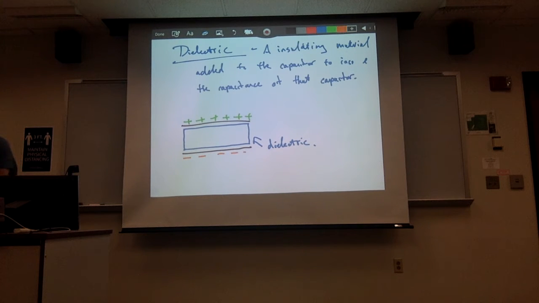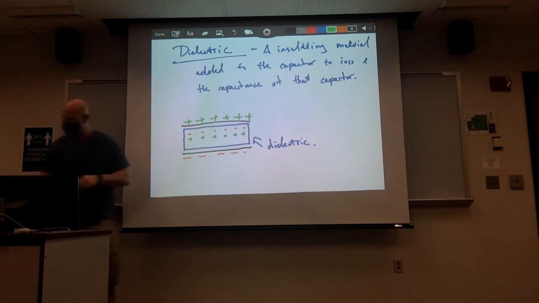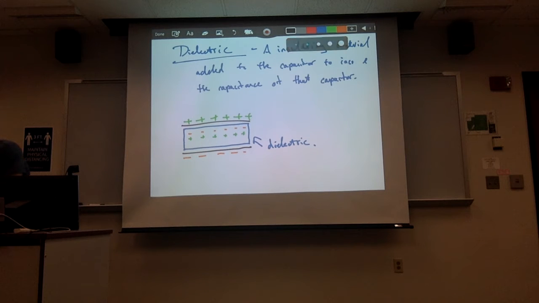What's going to happen is I'm going to get a separation on the inside. Negative charges are going to be attracted to the positive plate, and the positive charges will be attracted to the negative plate. So I'm going to get small dipole moments created inside of my dielectric. So inside of here, all I'm doing is creating little dipoles.